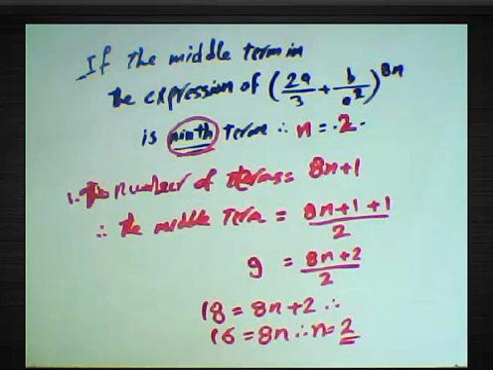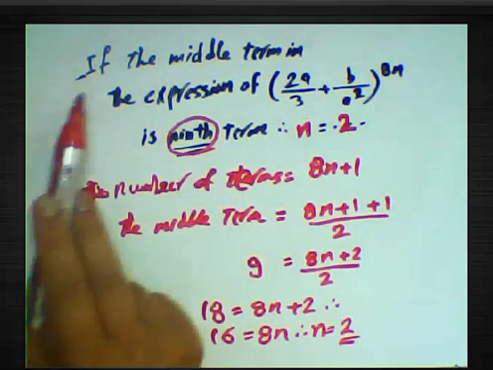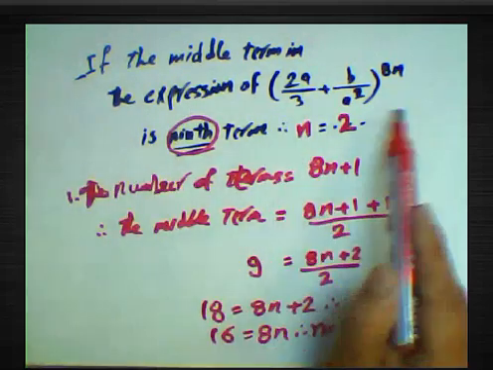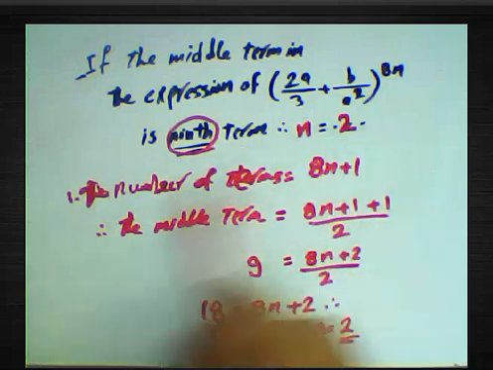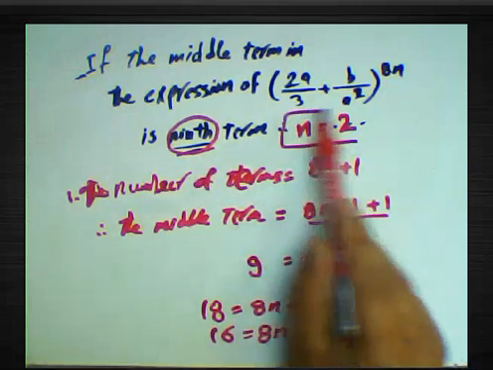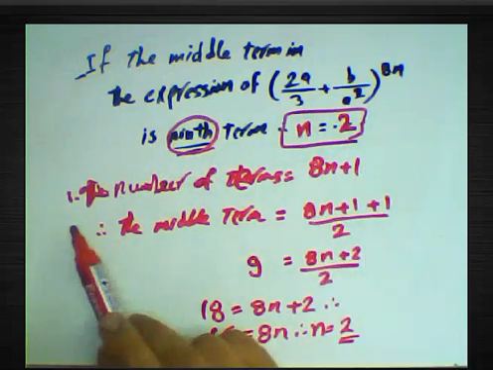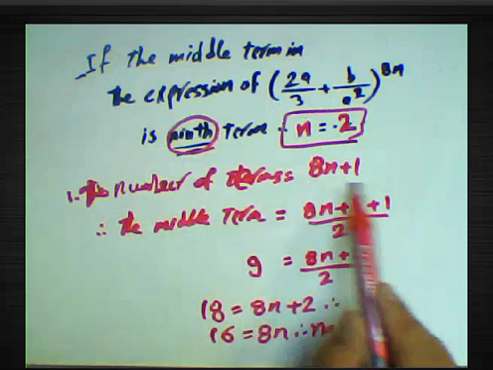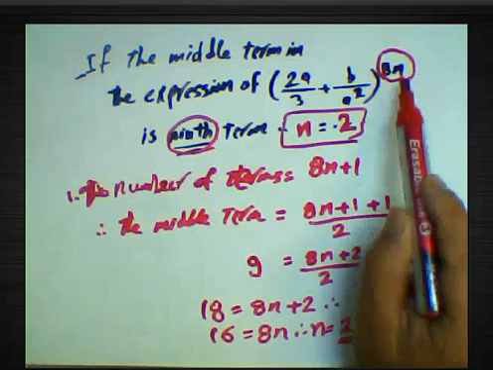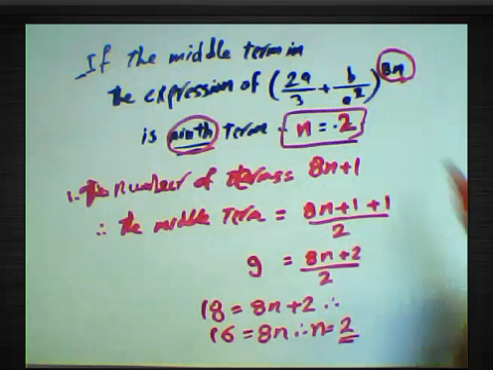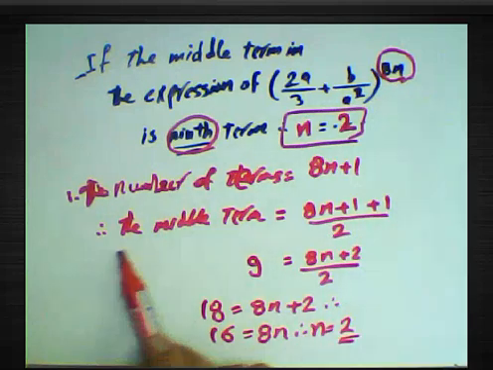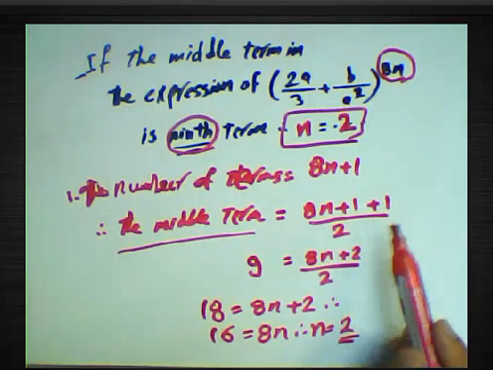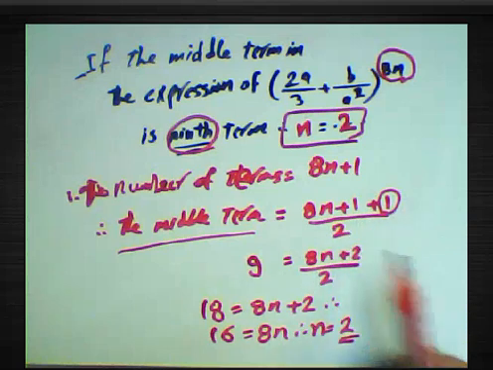Okay, again, if the middle term in the expression is the 9th term, then n equals what? n will be equal to 2, because for the number of terms we add 1, since 8n here is even. We must add 1 to the power here. And we know the middle term equals (8n plus 1), we must add 1 and divide it by 2 to find the middle.